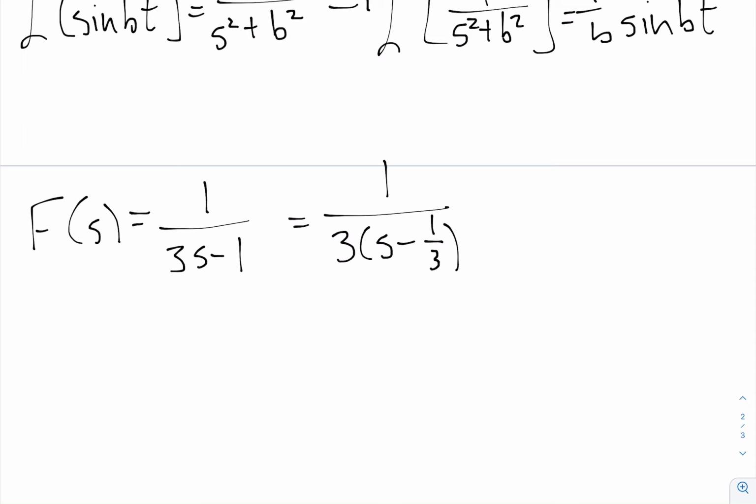So it equals 1 over 3 times 1 over s minus a third. And this is the exact same thing, an equivalent way to write the equation, except now we just have a constant, which is fine because Laplace transforms are linear. We can factor out a constant. And now we have it in the form 1 over s minus a constant.